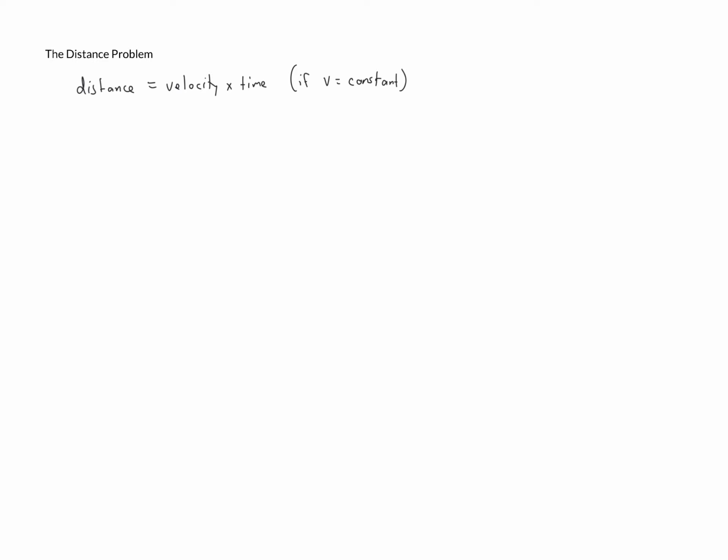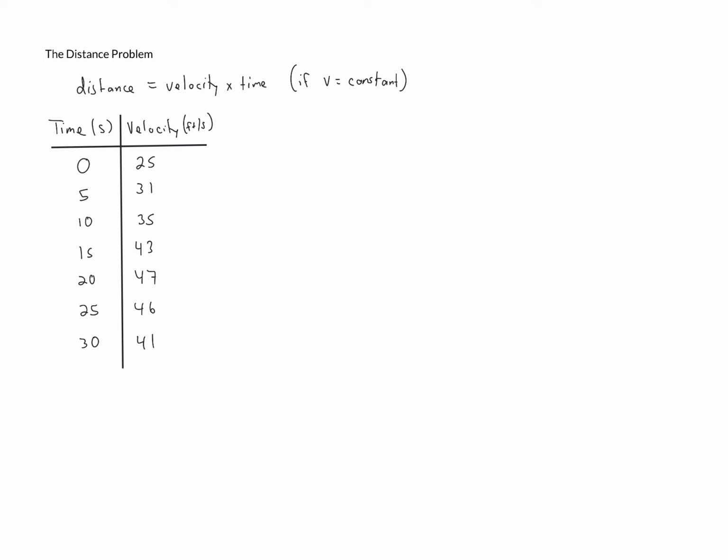And let's pretend that we have a speedometer that tells us how fast we're going, and we take readings every 5 seconds in that 30-second period. So let me show you what those readings are. Now, here is a chart with all that information. When we first start measuring in that 30-second interval at the very beginning, it's 25 feet per second.